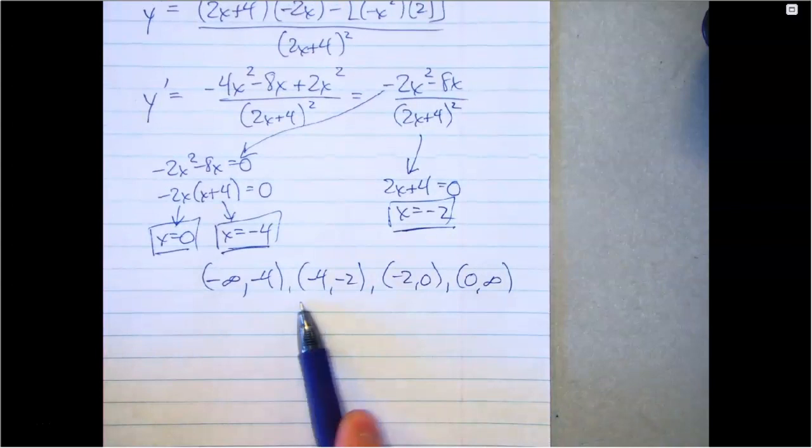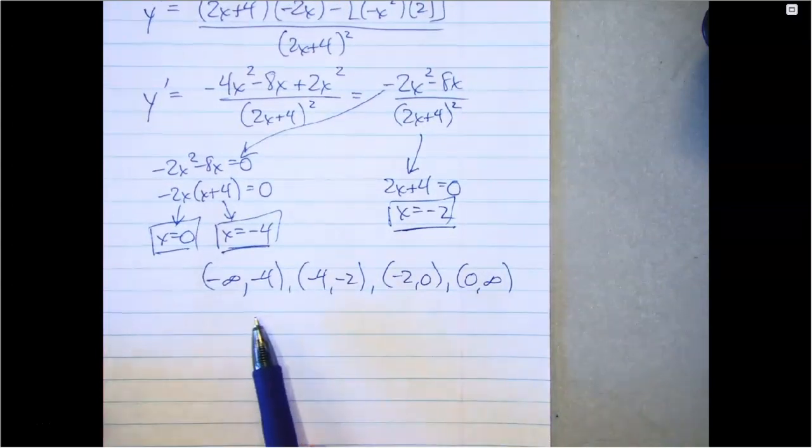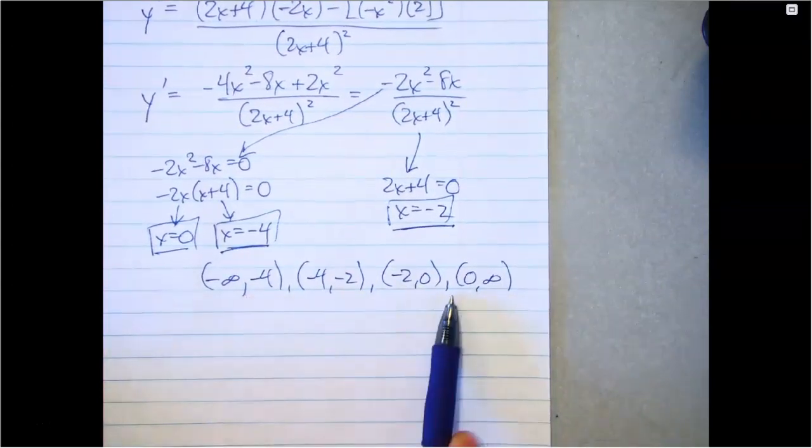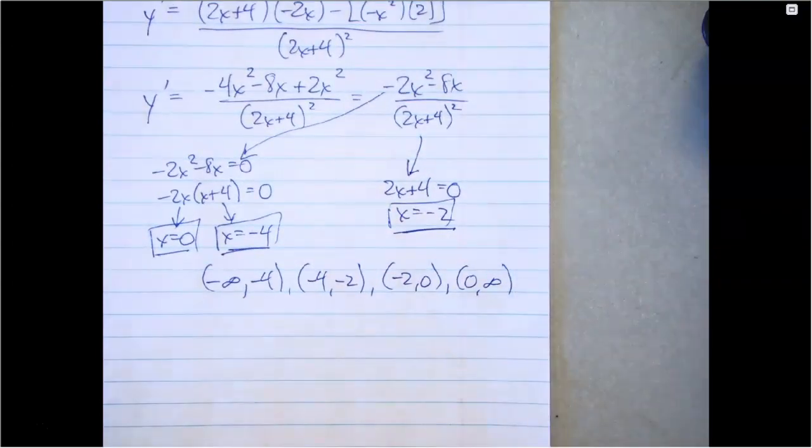And then I plug in a point. I'm looking for a relative min. So mins come from the derivative. So I plug in a point in each of these intervals into the derivative.